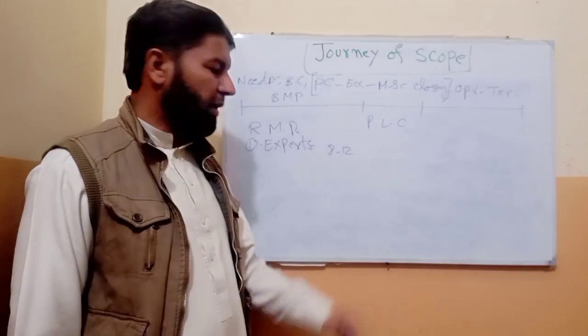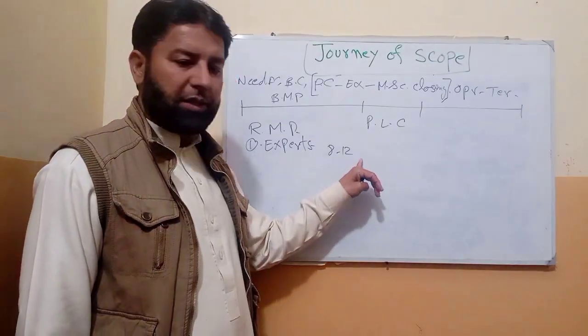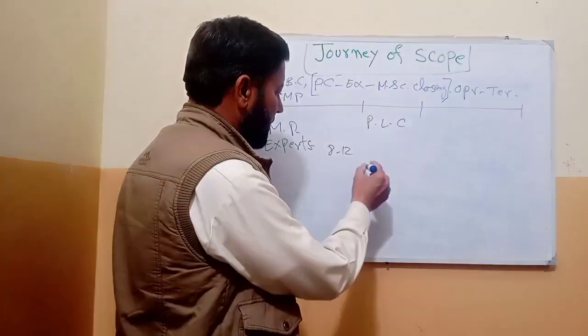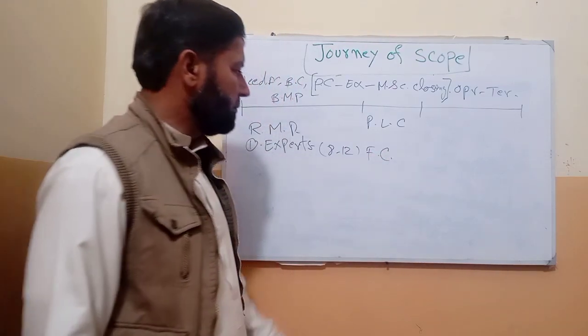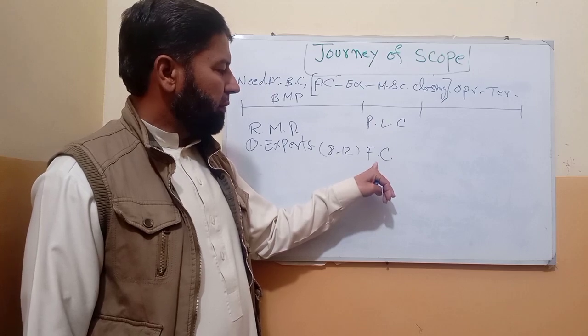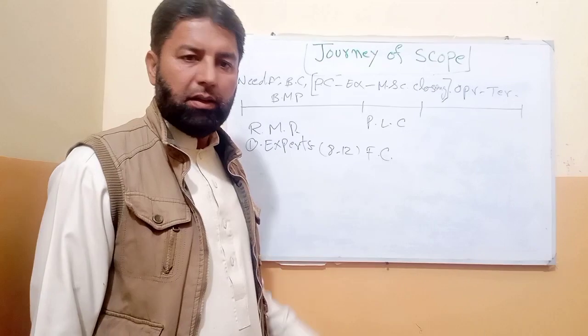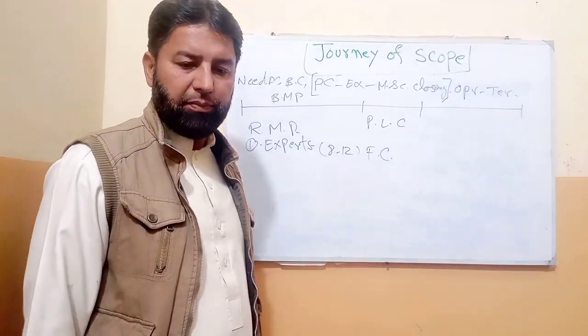When 8 to 12 experts are there and they discuss a topic, we call it a focus group. This is a very structured conversation, and the focus group is led by a facilitator or trainer.